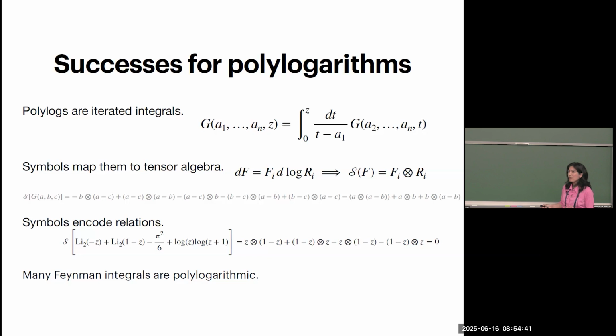So you lose some information, but you get some more control, and then you can try to recover the information later. We've had a lot of success with this because many Feynman integrals are polylogarithmic, not just the 1-loop boxes, but also many others beyond 1 loop. The whole family is known. We also know that there are ones that are not polylogarithmic.